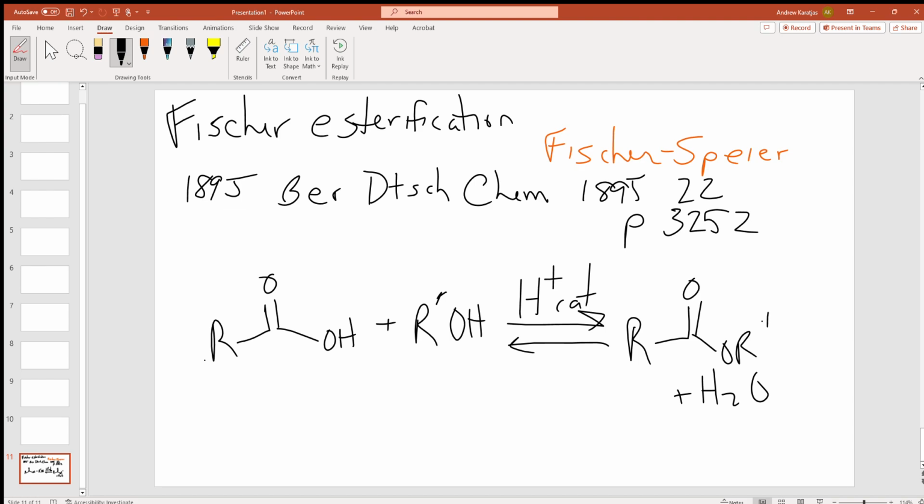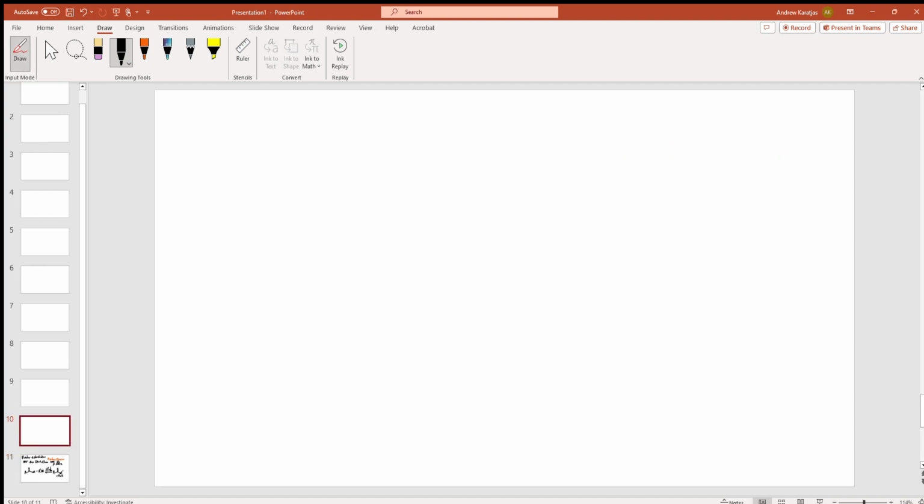So we'll take a look at the mechanism of this reaction. And we'll start with just looking at a relatively simple example. And that's the reaction of acetic acid with ethanol.